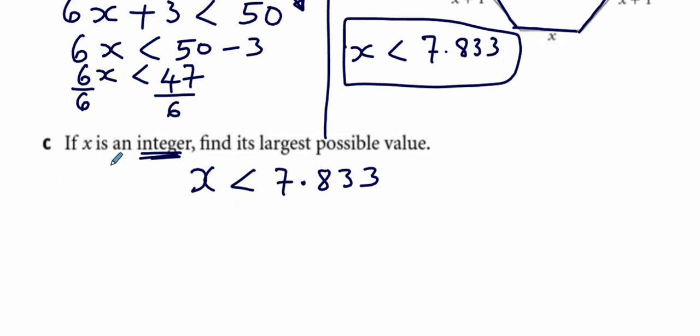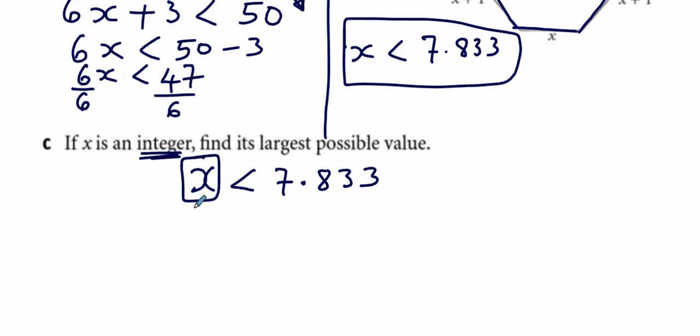Integers are whole numbers which are either positive, 0, or negative.